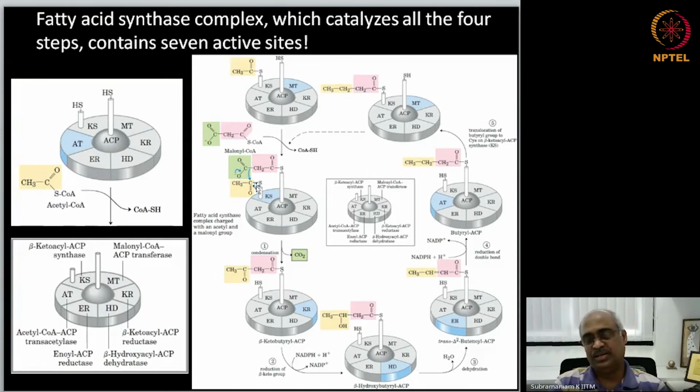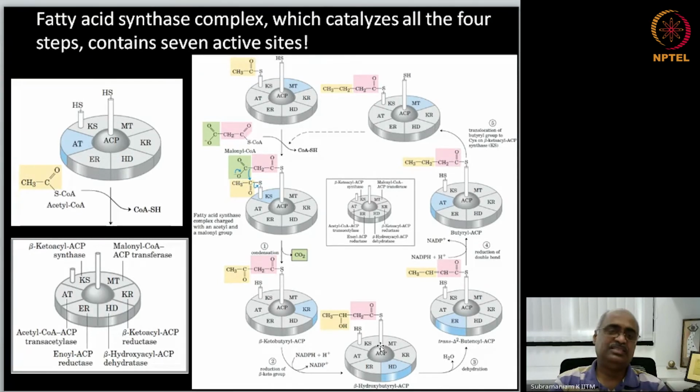So that is made possible by this transfer. From here, it is transferred to this. And the new incoming Malonyl-CoA comes to this ACP thiol group. After transfer, this is free to accept the Malonyl-CoA, and then you have that. So this is how the fatty acid synthesis proceeds.